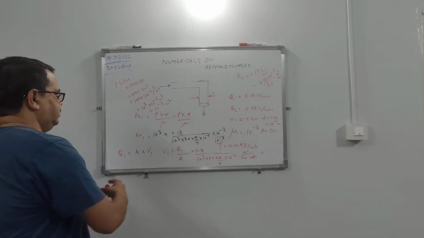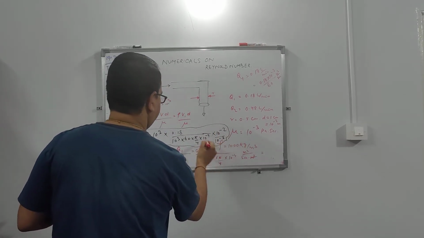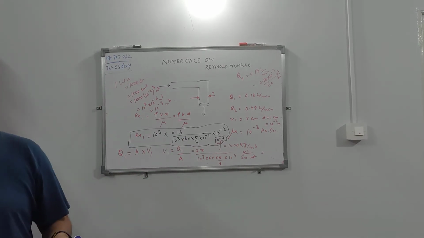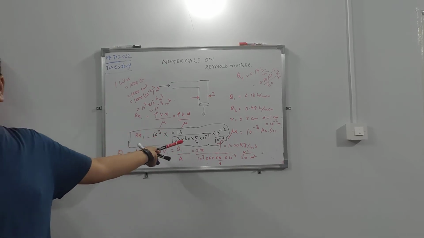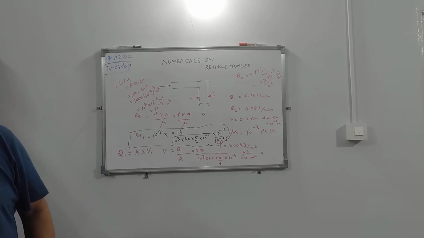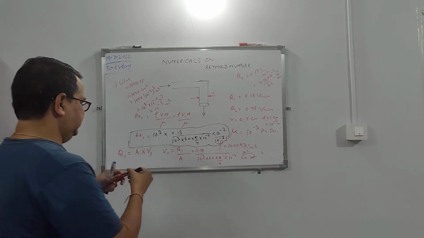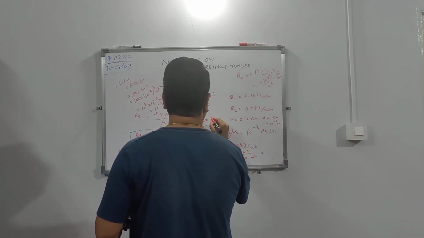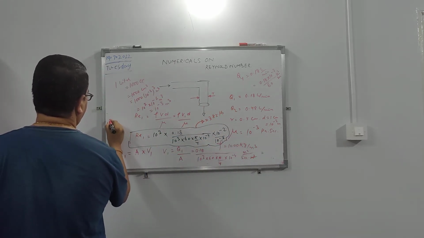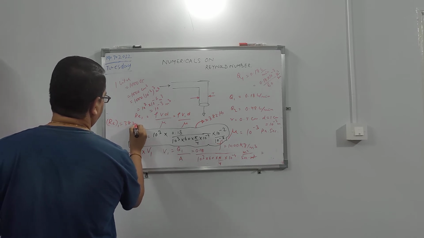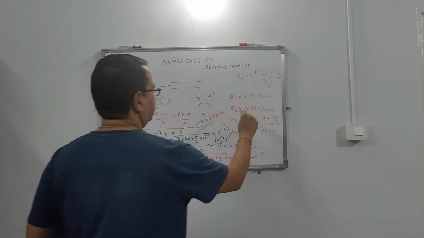After solving this complete term, you will find the first Reynolds number. It will be a unitless number. You will find it to be 382.16. So your Re1 is equal to 382.16. Then next this value.